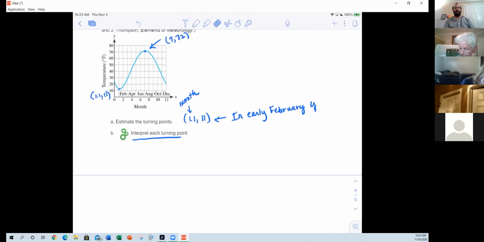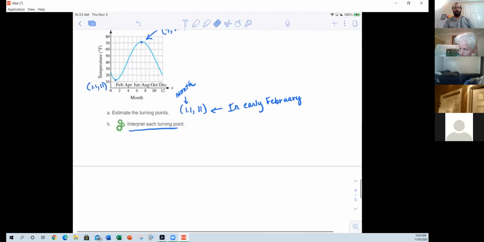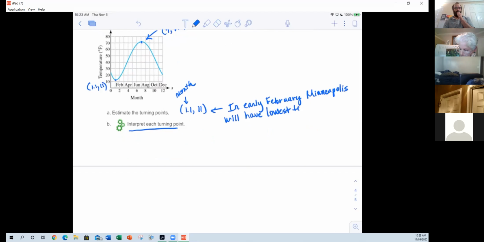Or whatever it is, Minneapolis. Okay, so that means that in early February, Minneapolis will have its lowest temperature of the year, which is 11 degrees.